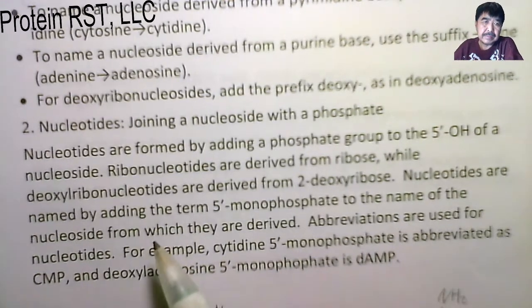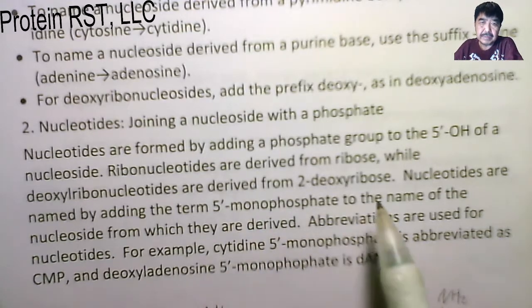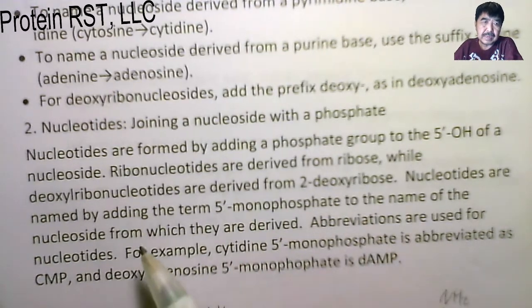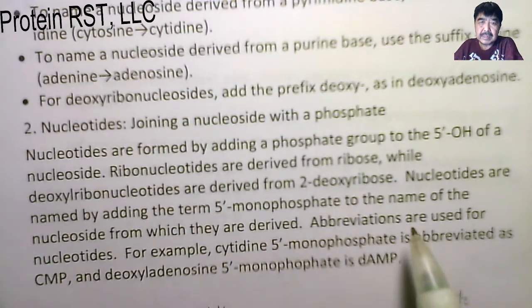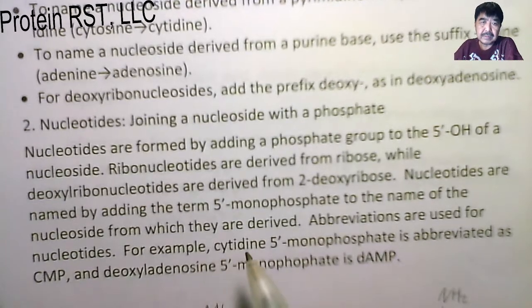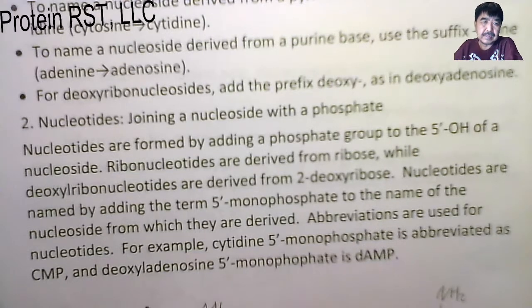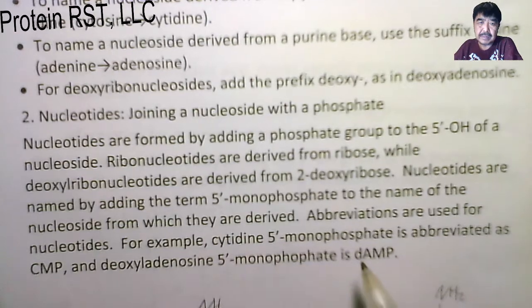Nucleotides are named by adding the term 5' monophosphate to the name of the nucleoside from which they are derived. Abbreviations are used for nucleotides. For example, cytidine 5' monophosphate is abbreviated as CMP, and deoxyadenosine 5' monophosphate is dAMP.